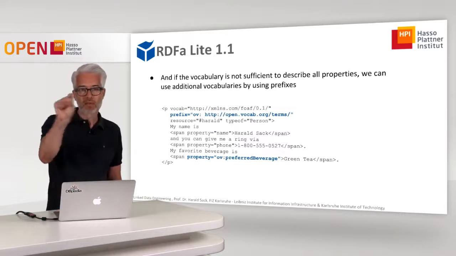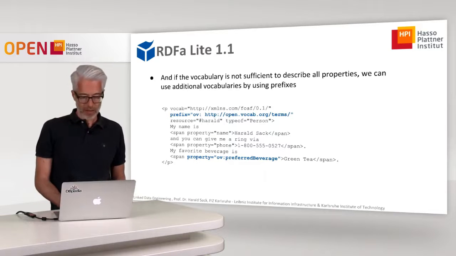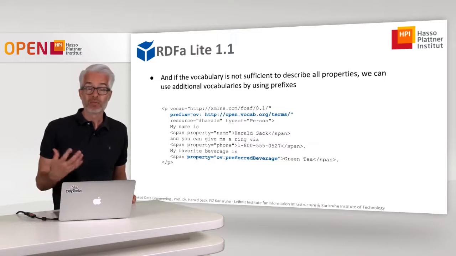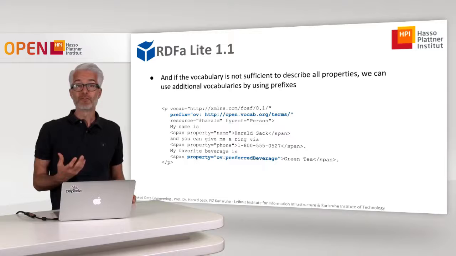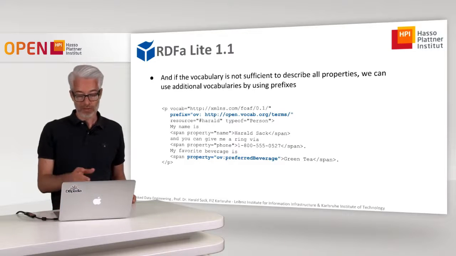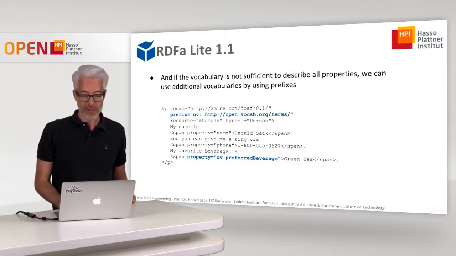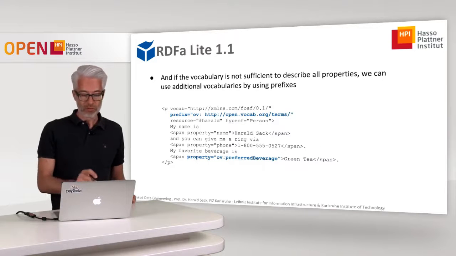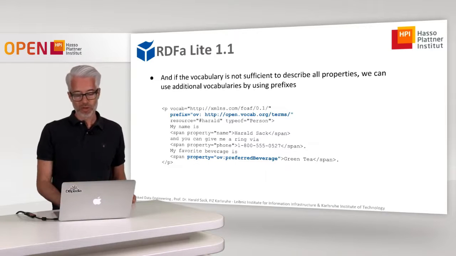This defines the prefix of the next vocabulary that I use. And you see here in the very last line within the paragraph definition, I define another span tag with a property where I use a keyword which is defined in the open vocabulary within the namespace that I have referred to via OV:. I have property equals OV:preferredBeverage.